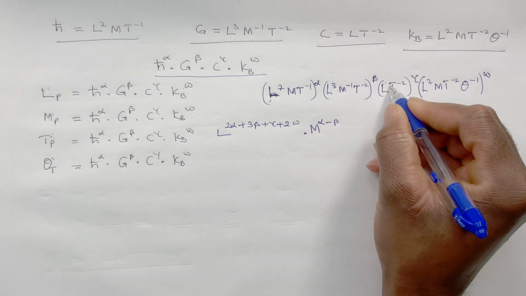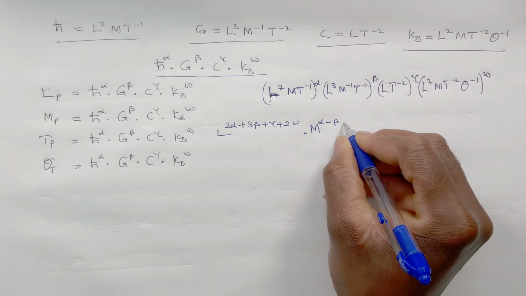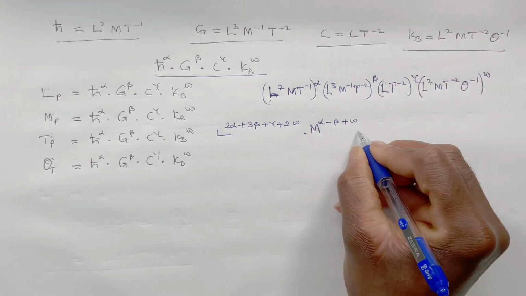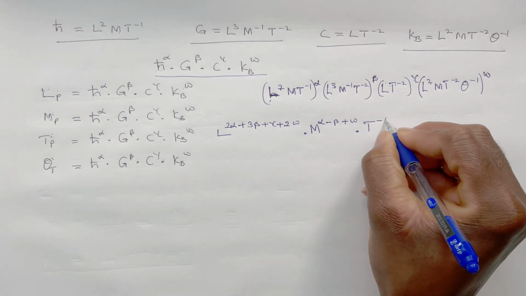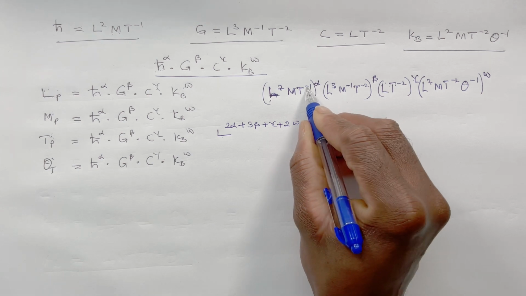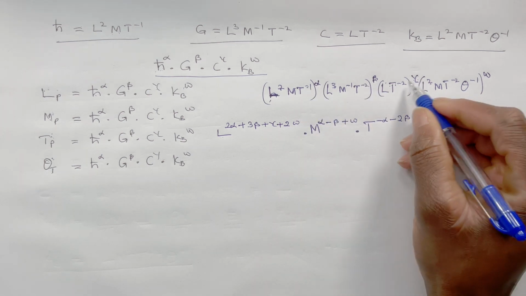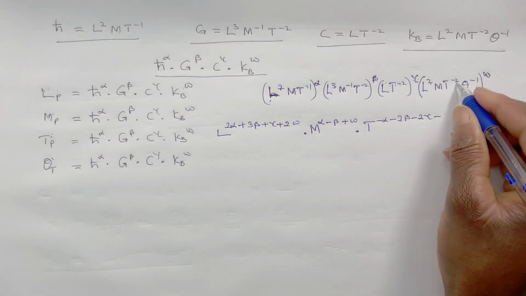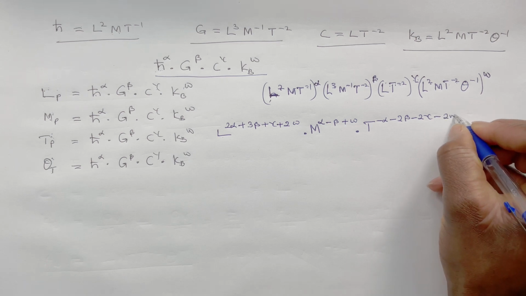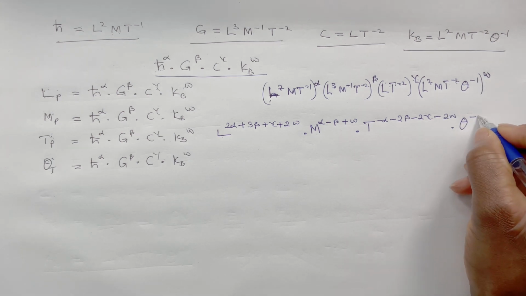There's no gamma there, and omega will be plus omega. So that's M done. Now T: alpha times minus 1 is minus alpha, beta times minus 2 is minus 2 beta, gamma gives minus 2 gamma, and omega gives minus 2 omega. And for theta, it's only one theta, so that's minus omega.